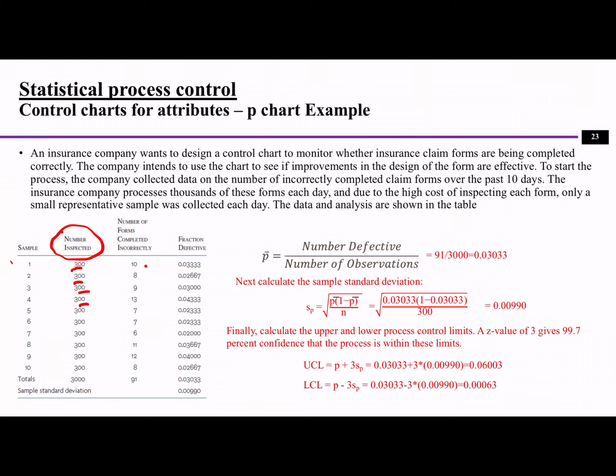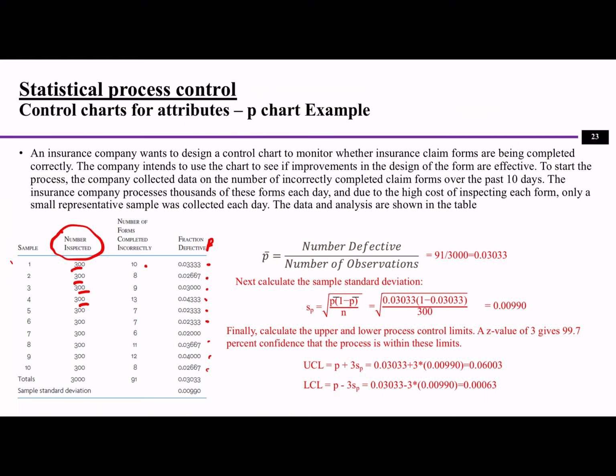Then I can calculate the fraction of defective forms, right? So that's the probability. Similarly, we can calculate all the rest of the p's, right? So these are the p values, P1, P2, P3, P4, P5, P6 until P10, right?